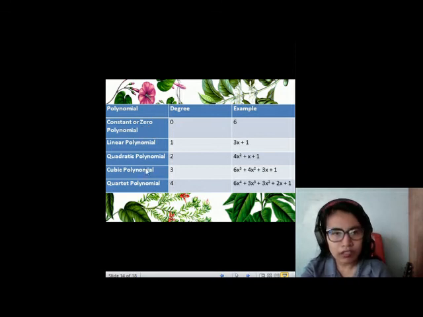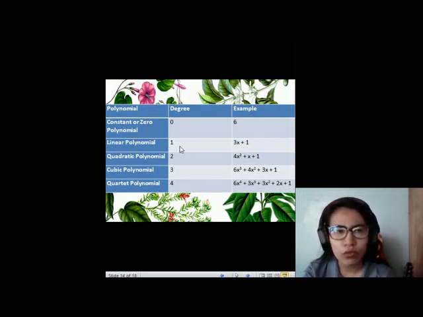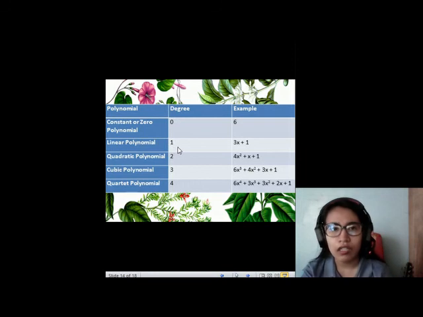So here are their names. 3x plus 1. Okay. Why does it have 1 as the degree? Because that x there has an exponent of 1. Remember, it has an exponent of 1, although it is not written there. It is called a linear polynomial.